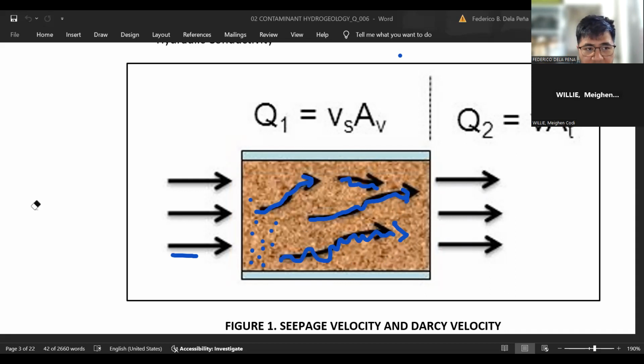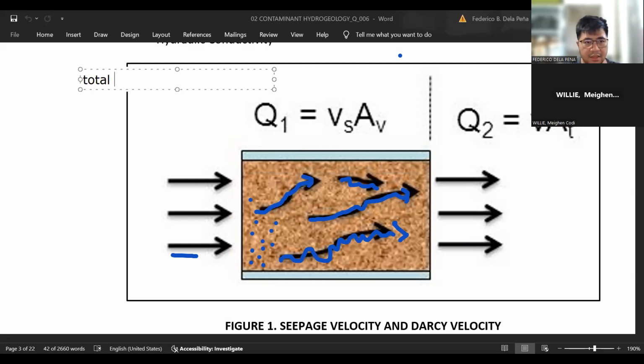And if you measure this whole line traveled by the flow path, and then you divide it by the time taken to travel, that would be your seepage velocity.